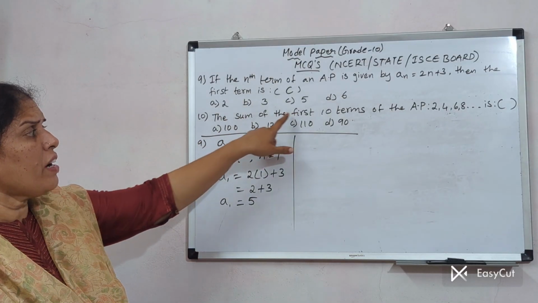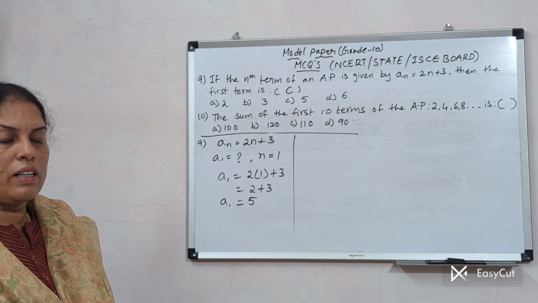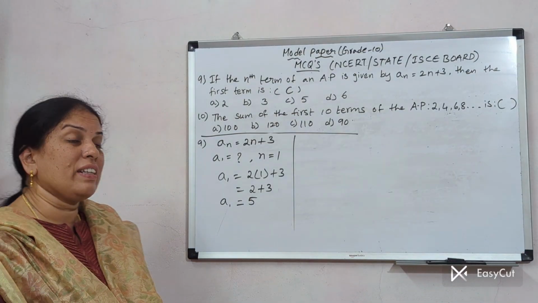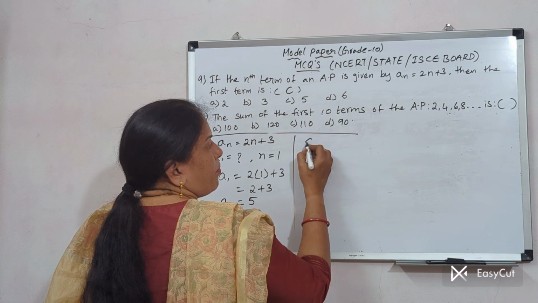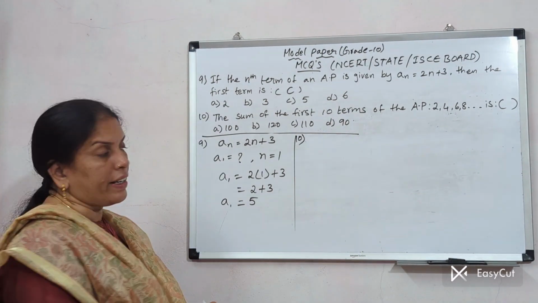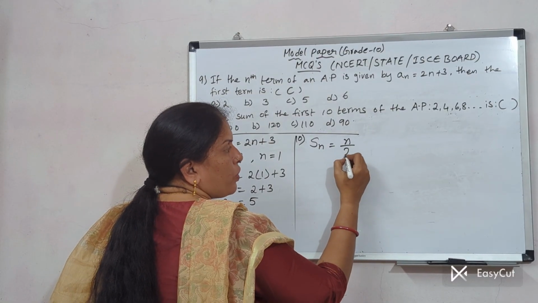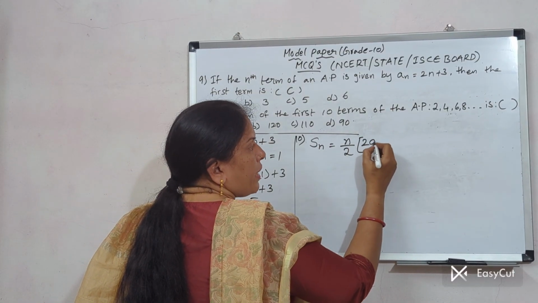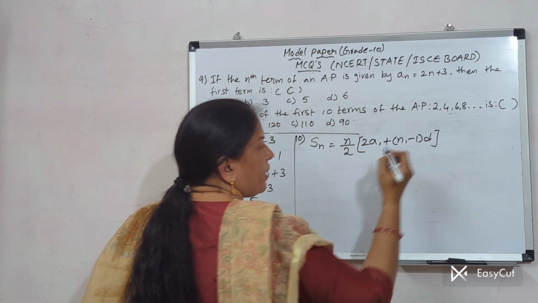The sum of the first 10 terms. What is the formula for finding the sum of the first n terms? Sn is equal to n by 2 into 2a1 plus n minus 1 into d.